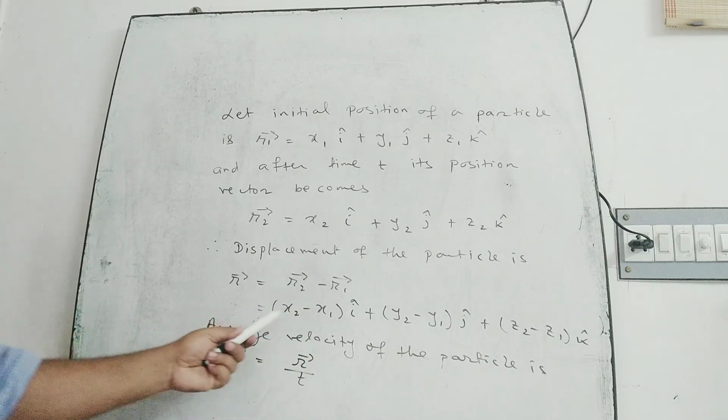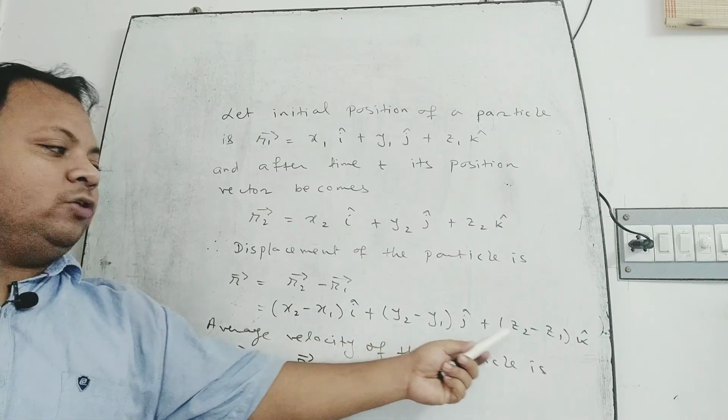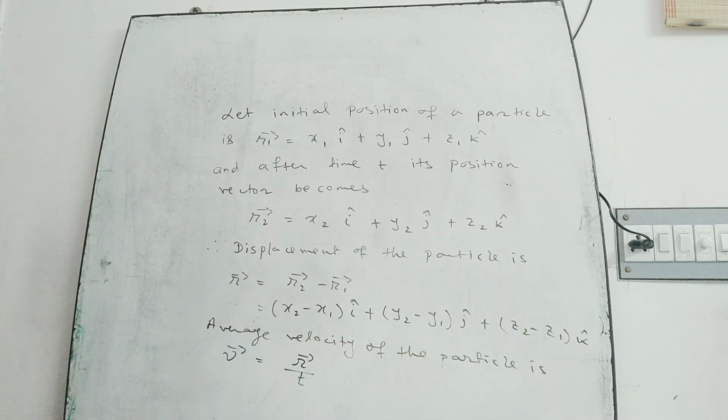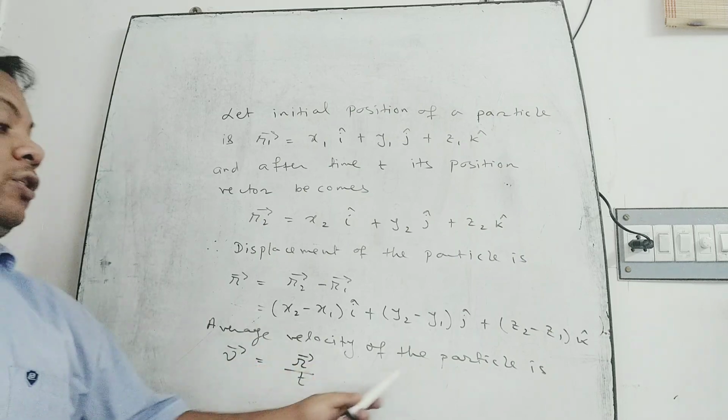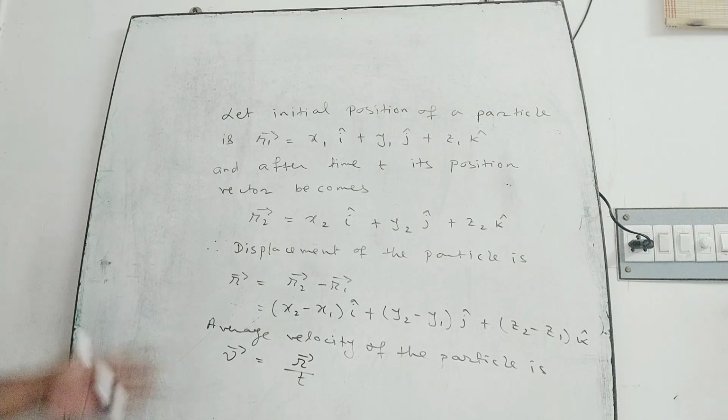This is equal to (x2 minus x1) i cap plus (y2 minus y1) j cap plus (z2 minus z1) k cap. Therefore, the average velocity of the particle is v vector is equal to r vector by t. With this method, we can find the displacement and average velocity, and similarly the acceleration of the particle.